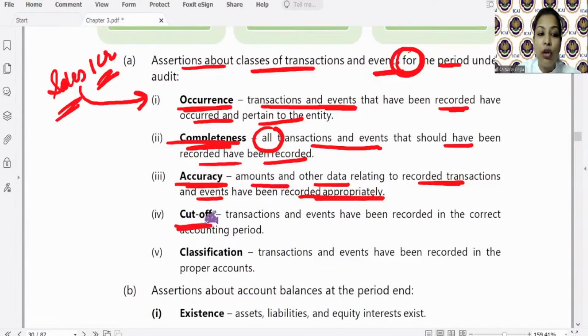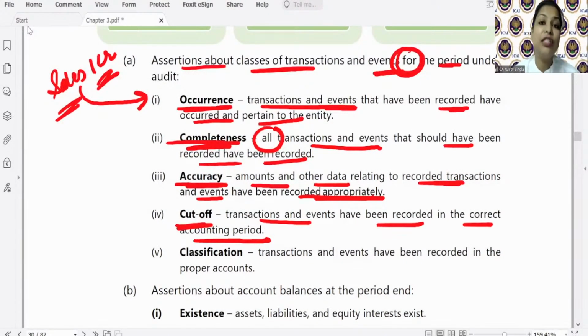Cutoff. What is cutoff? Transactions and events have been recorded in the correct accounting period. So only the sales up to 31st March have been included in the P&L. Right? So cutoff at the end of the year: only the transactions related to the correct accounting period have been included.